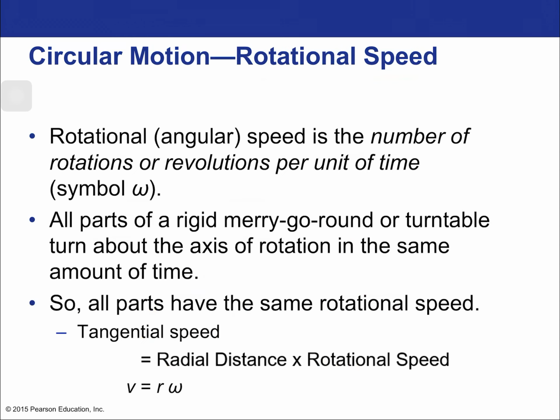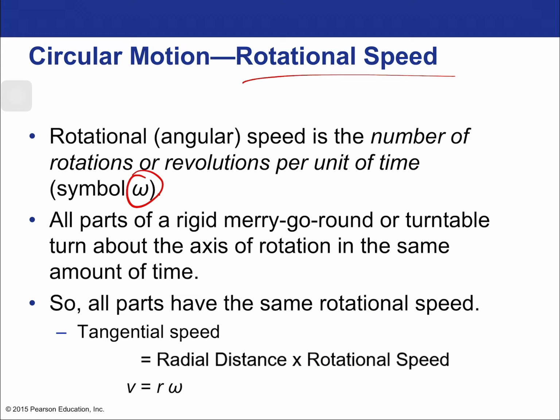All right? So, on the other hand, rotational speed, angular speed, is the number of rotations or revolutions per unit time. So both types of speed are per unit time, but rotational speed, represented by the Greek letter omega, describes all parts of a rigid merry-go-round or turntable turning about the axis, okay? Because the whole thing must turn in the same amount of time.